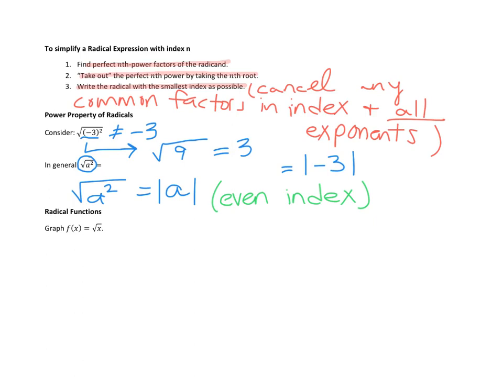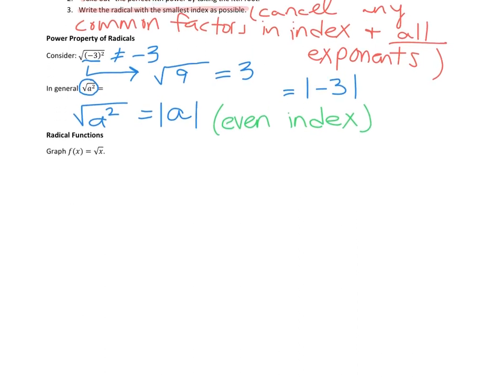All right, because the cube root of negative 8, for instance, when our index is odd, cube root of negative 8 is negative 2. Okay, so in your homework, you'll see stuff like assume the radicand is positive, assume the variables represent non-negative numbers. They're saying that because we don't want to have to take the absolute value in all our solutions.